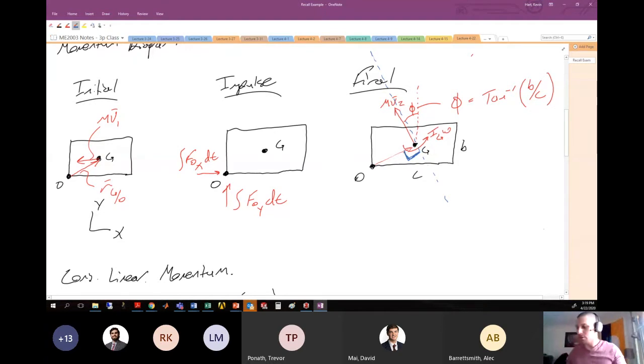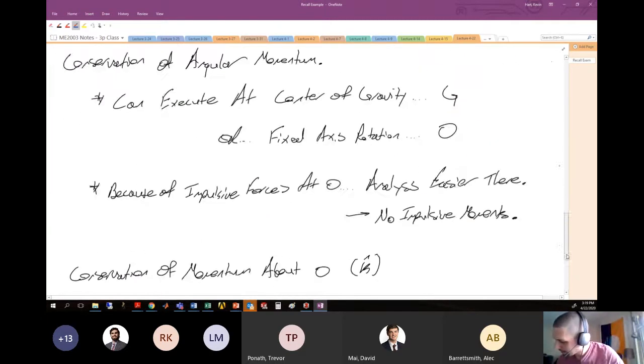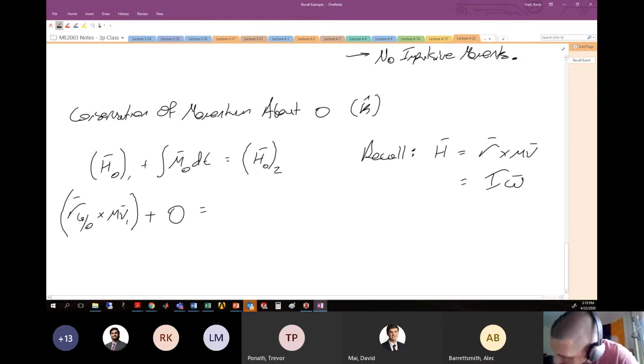So this guy will also provide for me some angular momentum about this point, and that will be something like r_GO cross mv2. So here I have some component that is like the position vector arriving at G from O crossed with mv2.